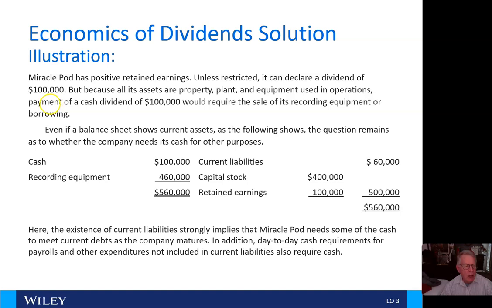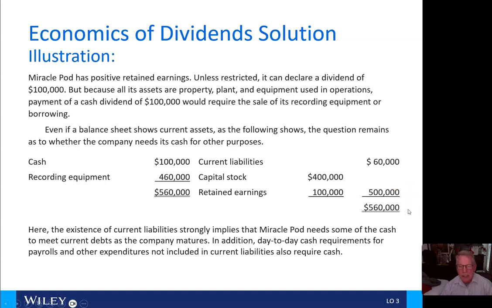So you can see the dilemma. Even if the balance sheet shows current assets as the following shows, the question remains as to whether the company needs its cash for other purposes. So here's cash of $100,000, recording equipment of $460,000. So our assets are $560,000, current liabilities of $60,000, capital stock of $400,000, and retained earnings of $100,000.